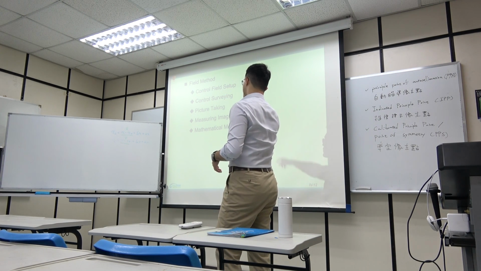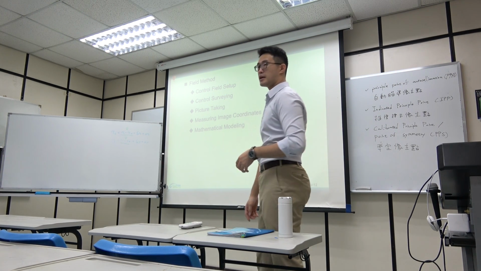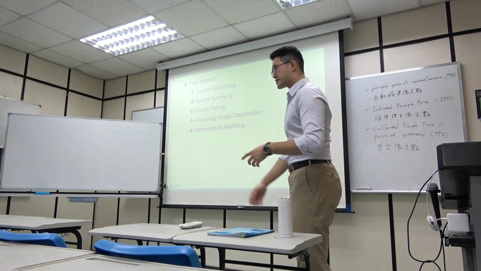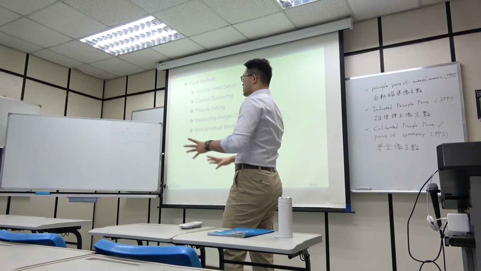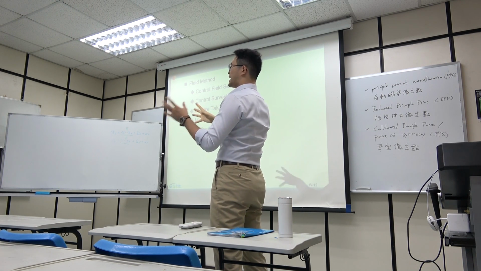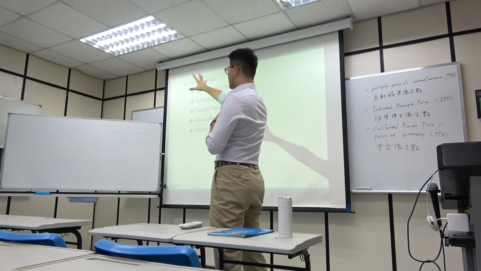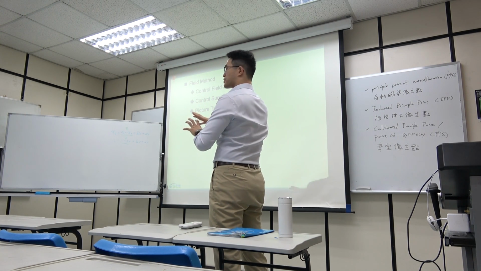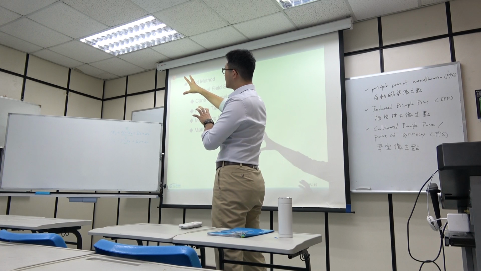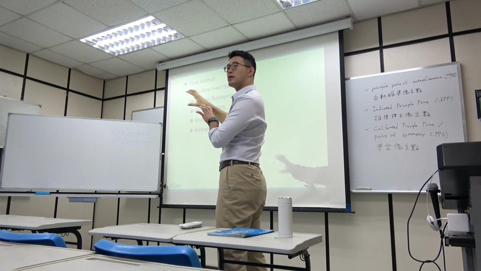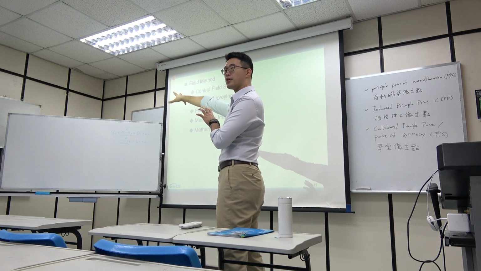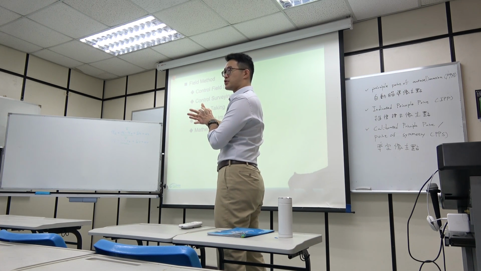Finally, you can perform the mathematical modeling. What does mathematical modeling mean? Let's talk about the concept first. Right now we have the object space coordinates for those marks, and we also know the EOP. Then we can perform back projection, or reprojection, of those marks to my image.